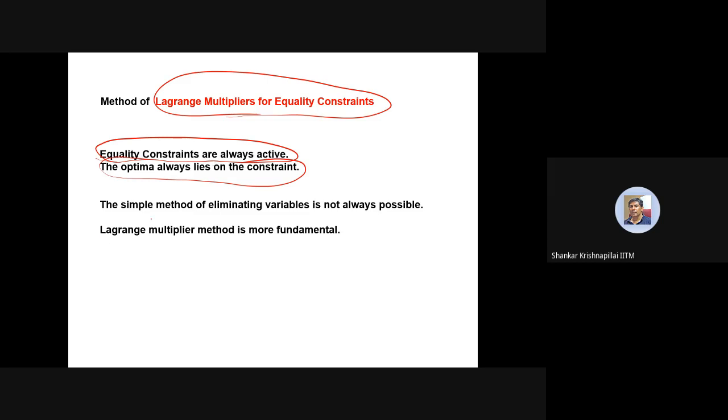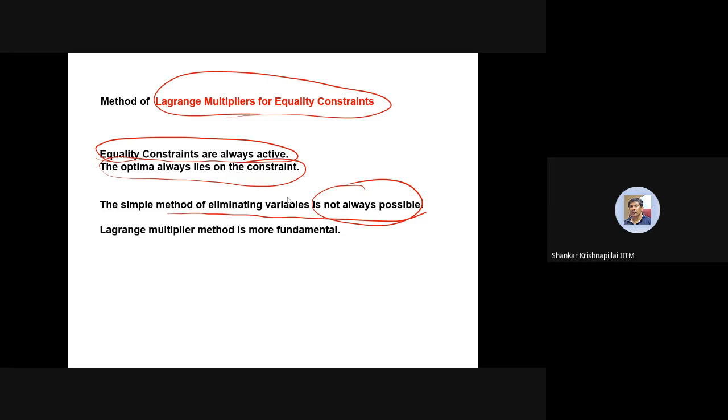Previously we studied a method of solving equality constraints by eliminating one variable from one constraint equation, but that is not always possible. It depends on how the constraint equation is written. In certain types of constraint equation, it is very easy to separate the variables.